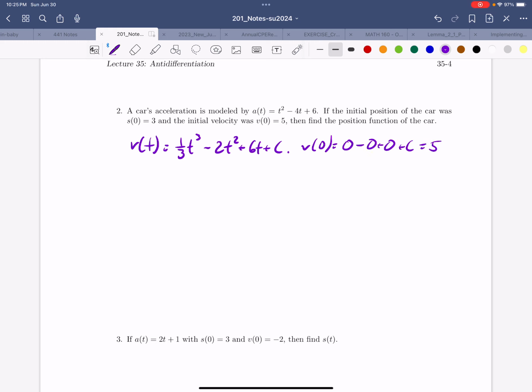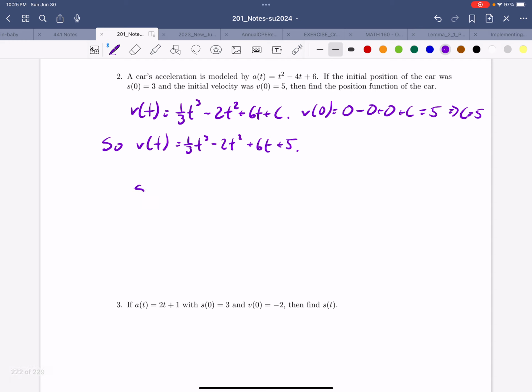I know I do a lot of s of 0, v of 0, but it might be something like s of 1 equals, or v of 1 equals, and you have to plug in 1. Just to let you know. Here it works out pretty nicely that c equals 5. So v of t equals 1/3 t cubed minus 2t squared plus 6t plus 5.